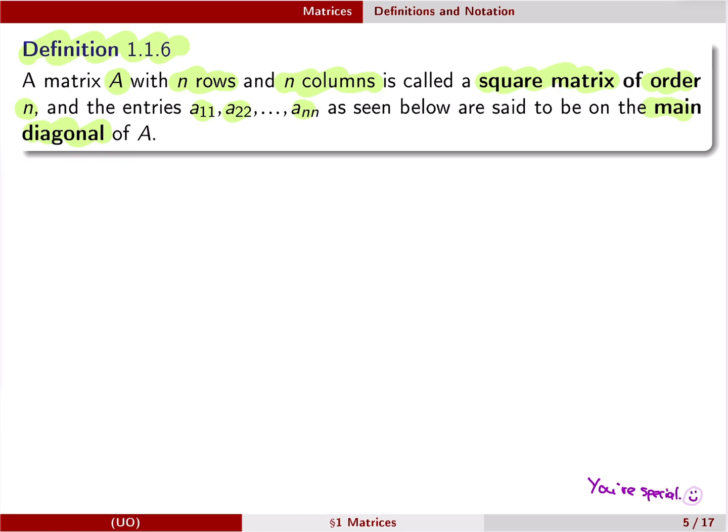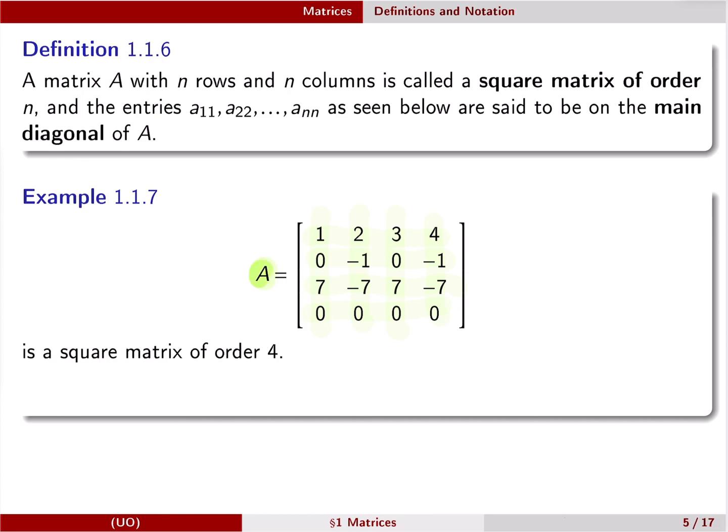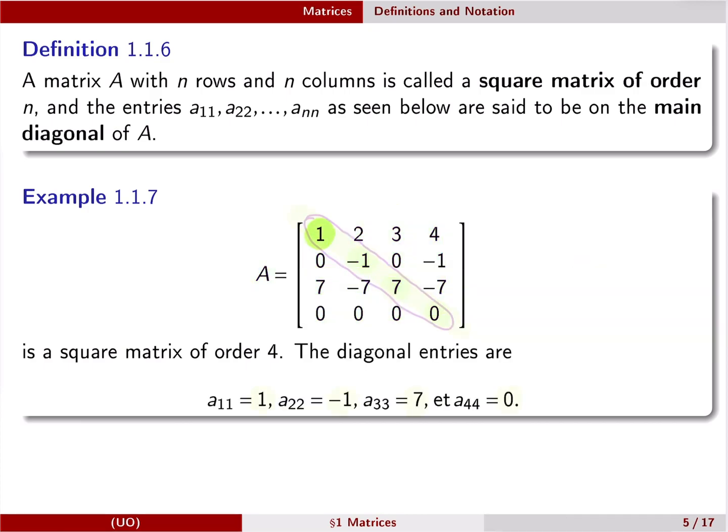For example, here we have a matrix A, and that matrix A has 4 rows and also 4 columns. So this matrix is a 4 by 4 or a matrix of order 4. And if you are wondering about the entries on the diagonal, where are they? Well, they're right here.